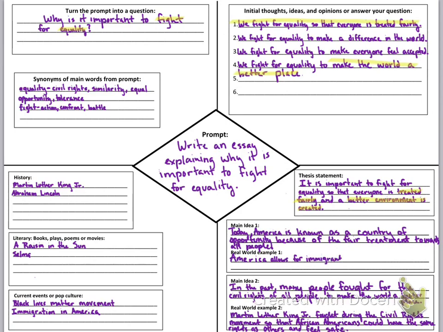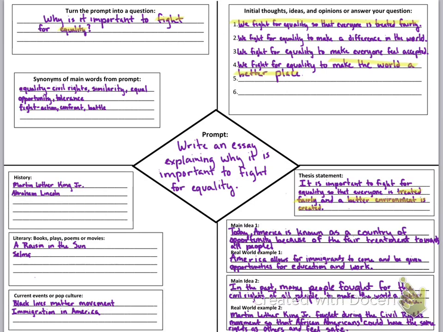Okay, and then for my main ideal number 1, I decided to use the immigration in America. So I said America allows for immigrants to come and be given opportunities for education and work. So those are the 2 different real world examples I want to use.